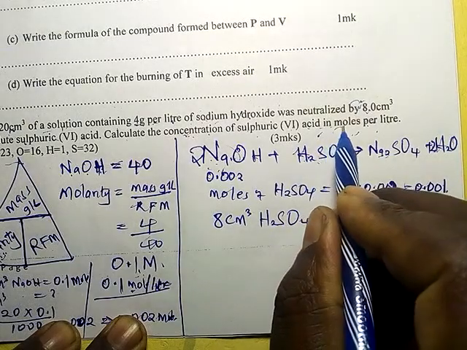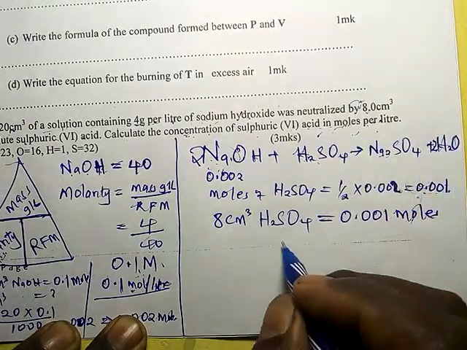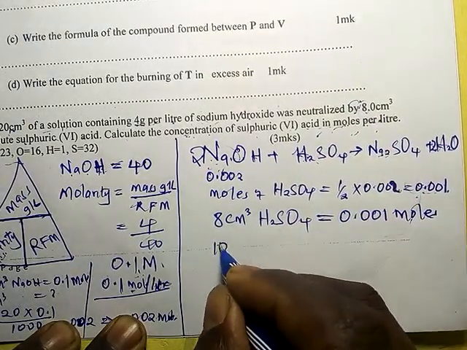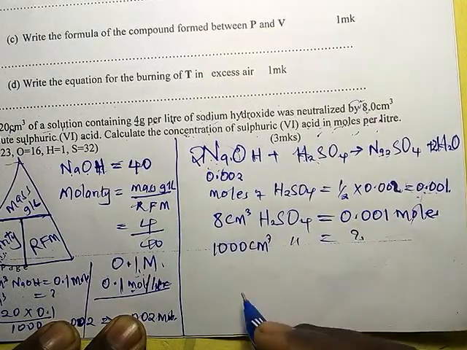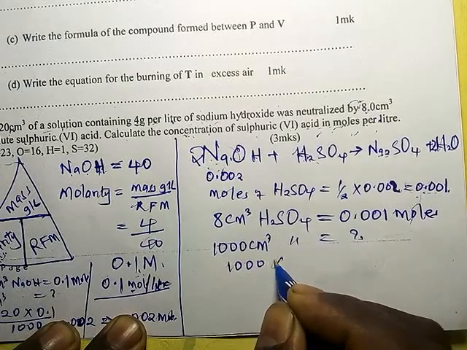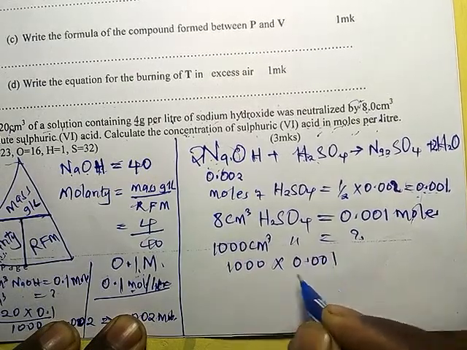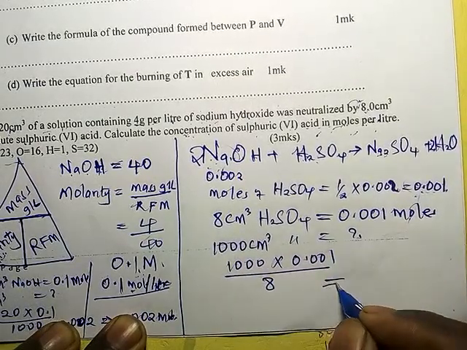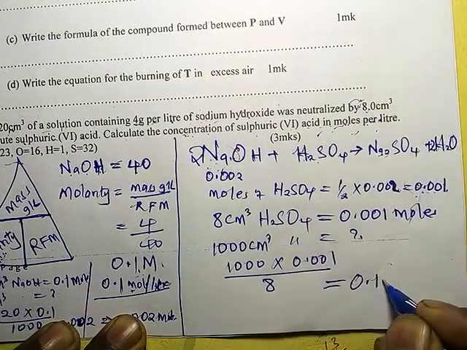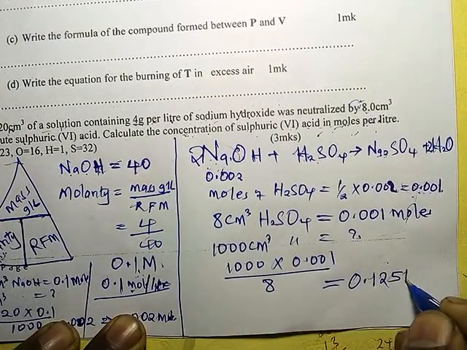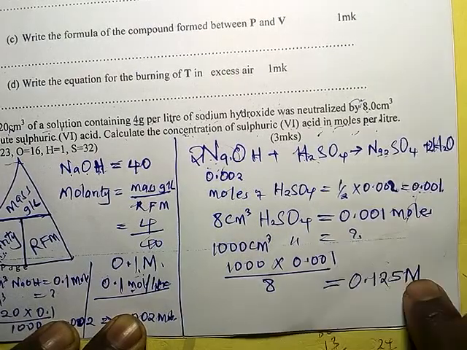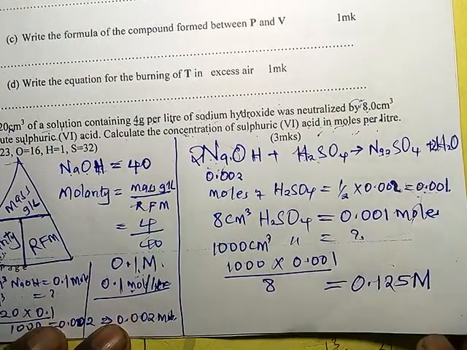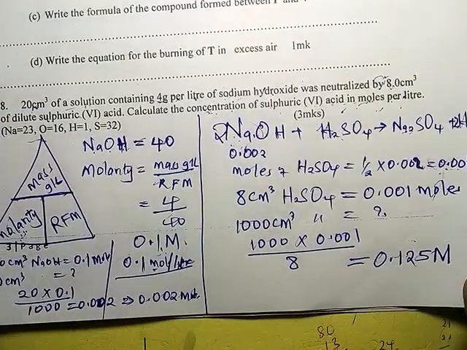We are asked to calculate the number of moles in 1 liter, so 1,000 centimeters cube of sulfuric acid will contain how many moles? 1,000 times 0.001 divided by 8 gives us 0.125. Capital M stands for molarity, and the molarity is moles in 1 liter.